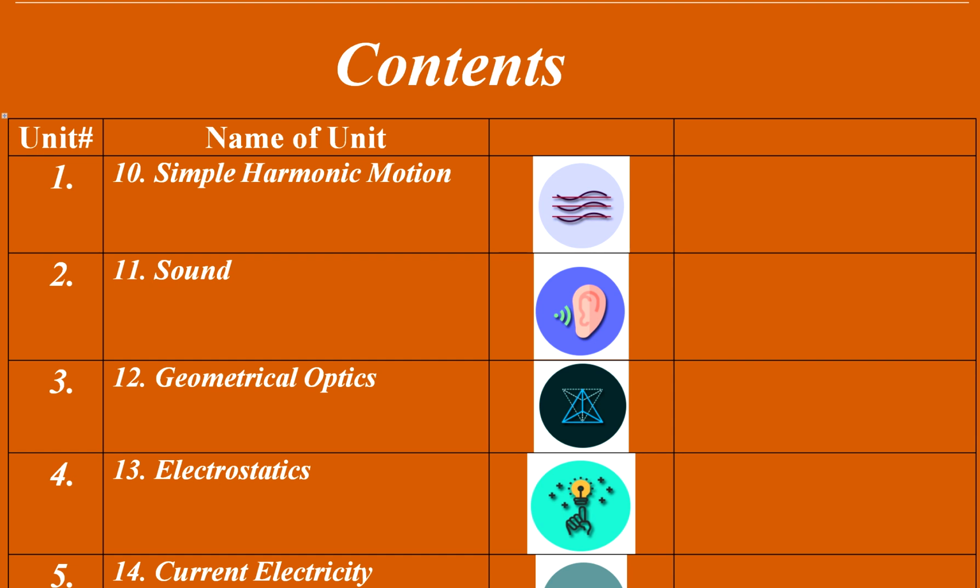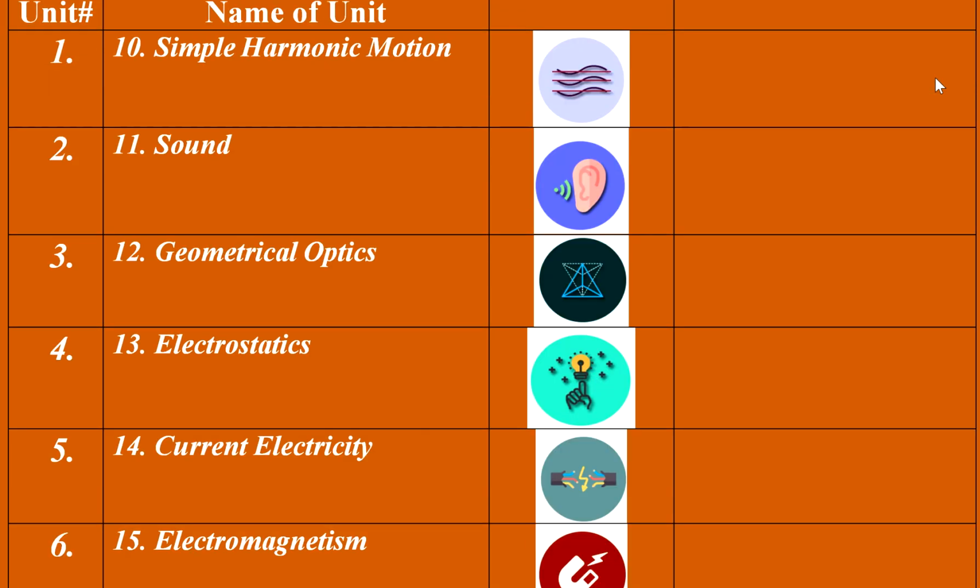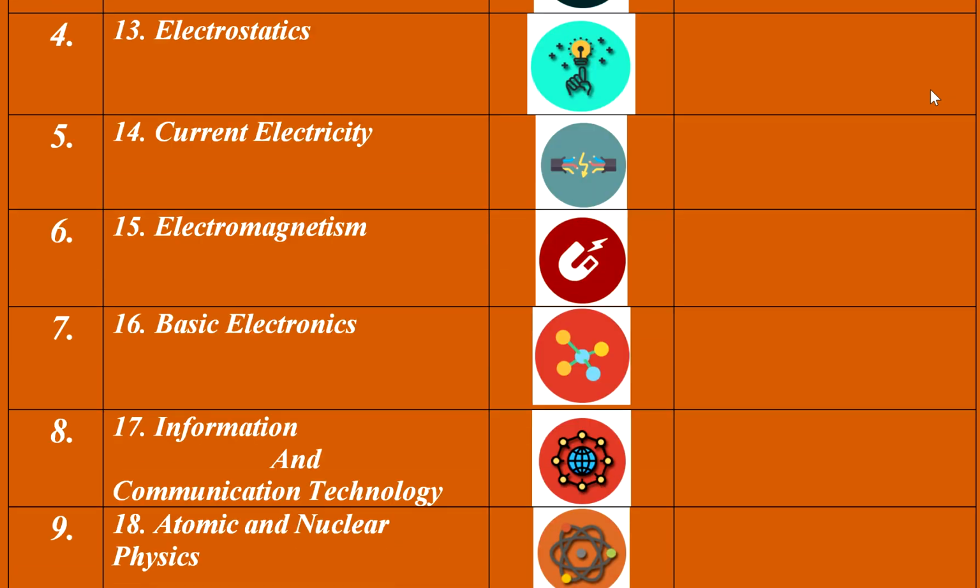If we move to the 4th unit, we will see that the 4th unit is linked with charges, electrostatics. Electrostatics are positive and negative charges on a body. You can see in the diagram on the right side as well.